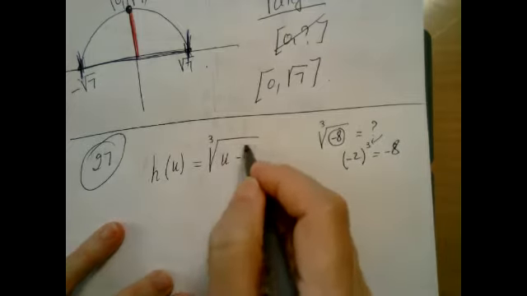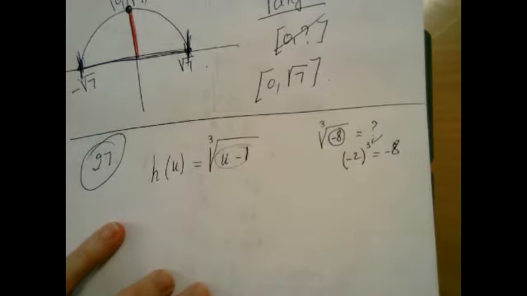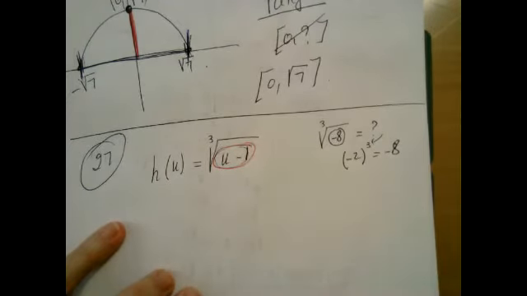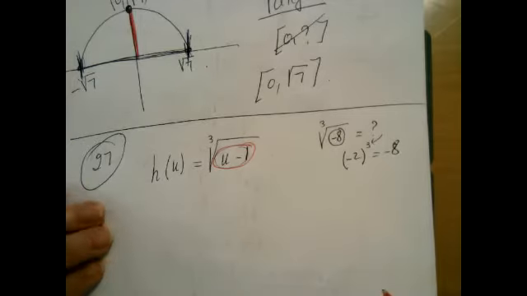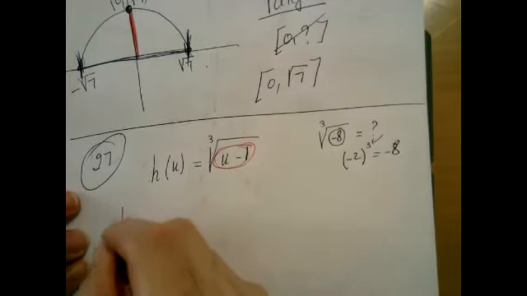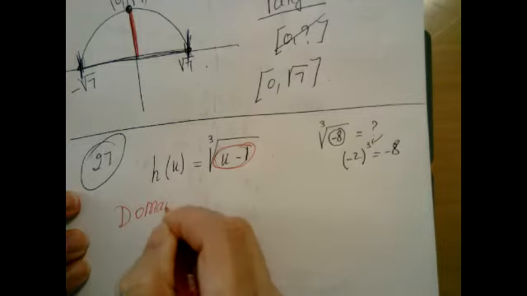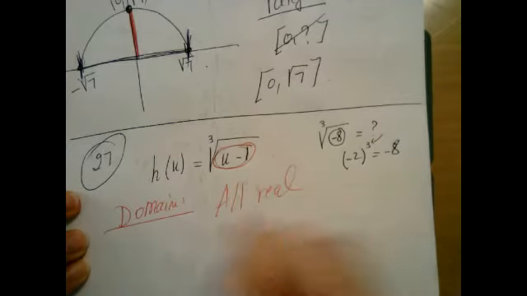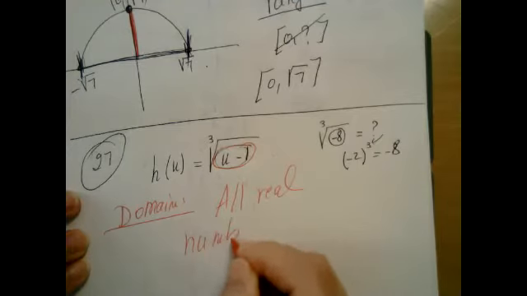So is there any restriction on u minus 1? Can u minus 1 be negative? Yes. Can u minus 1 be positive? Yes. Can u minus 1 be any number you want? And the answer is yes. So here the domain is going to be all real numbers.